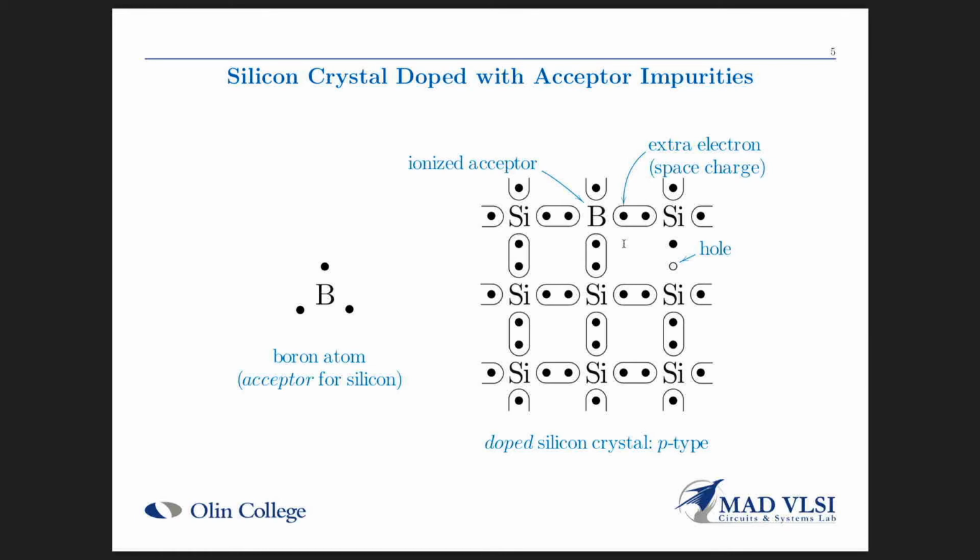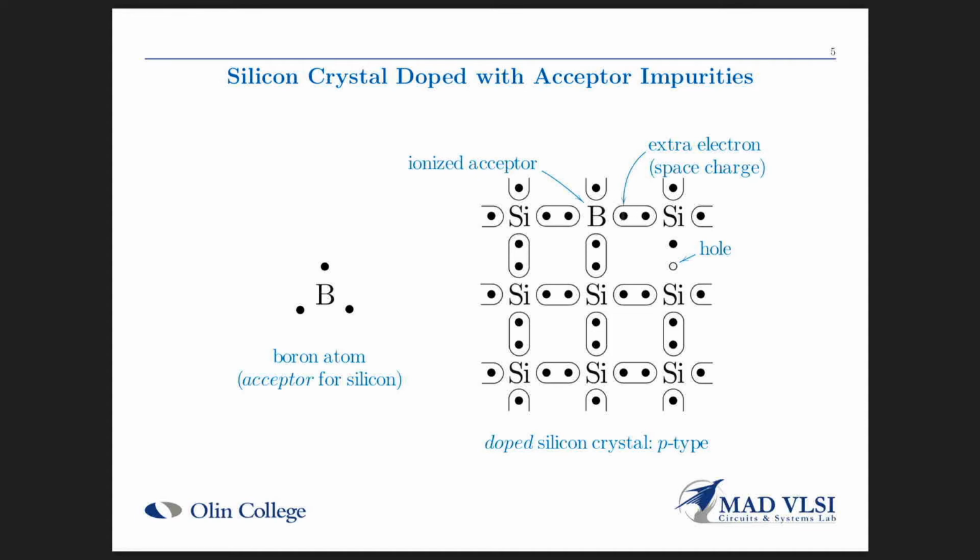There is one extra negative charge that's left behind here. That extra electron, the valence electron that comes in here, is one extra negative charge in this vicinity. And so we're not uncovering a proton in the boron nucleus, but we have one more electron than we have positive charges in the boron nucleus.